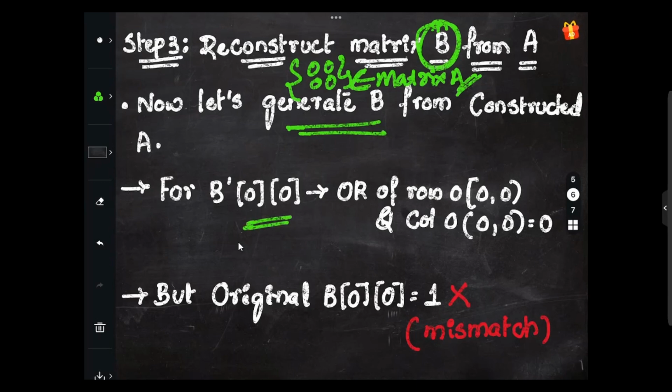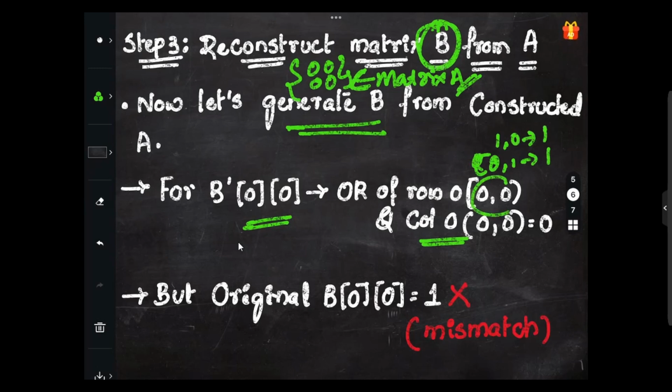B of 0 0 is nothing but OR of row 0 and column 0 of 0 comma 0. Either side we should be having 1 if we are going with the logical OR. So if we have 0 1, then only the value will be 1, or 1 0, then only the value will be 1.